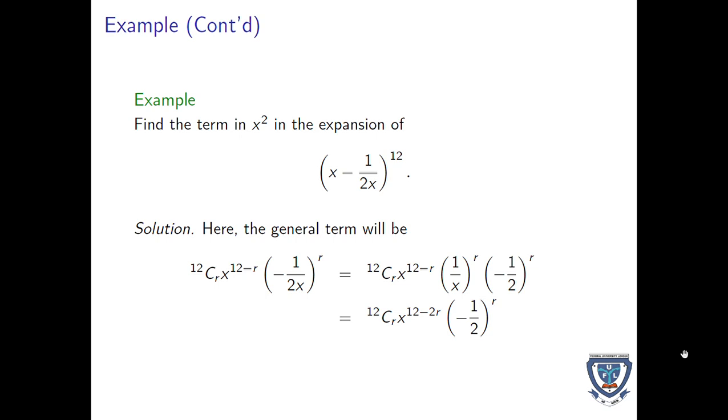Okay, we don't know what r is. Now when you substitute that properly, you're going to have what is on your right hand side, which is 12 combination r, x raised to the power 12 minus 2r, in bracket minus 1 over 2 to the power r.